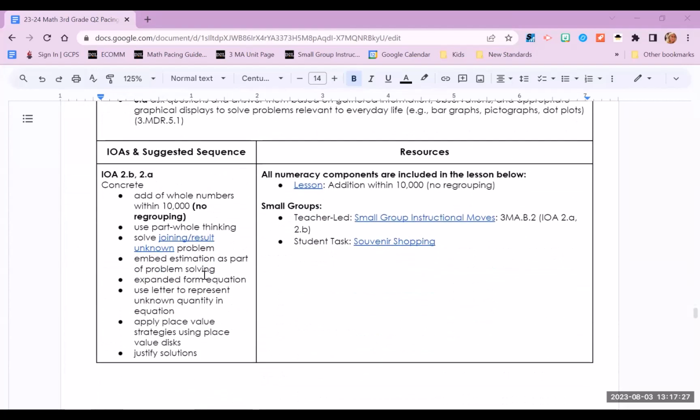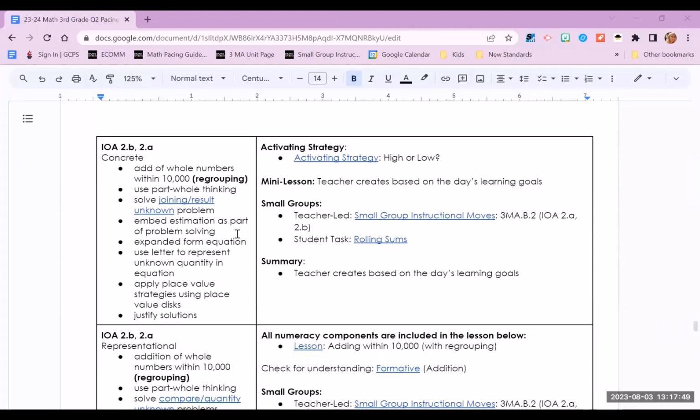Remember, the left-hand column will guide your instruction with regards to learning targets, problem types, and the learning progression for these IOAs. We begin with addition strategies with two multi-digit numbers without regrouping, using place value disks and transition to representational strategies, all while using the expanded form equations.